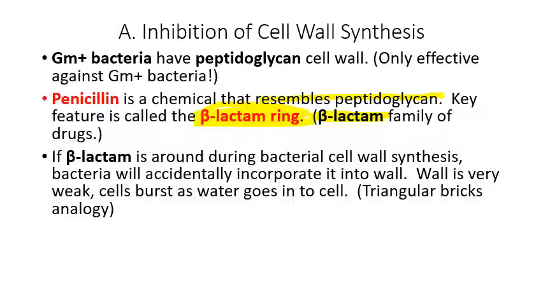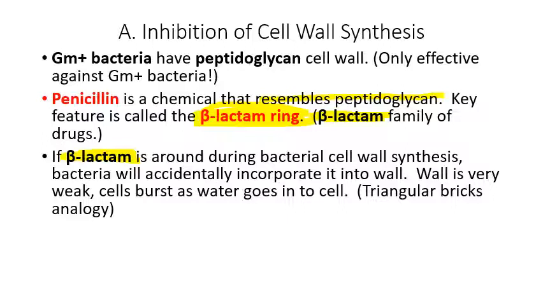Right? Now, if you have any penicillin with the beta-lactam ring around while the bacteria is building its cell wall, the penicillin or any drug that has the beta-lactam ring will accidentally be incorporated into the cell wall, and it will cause the cell wall to fall apart.